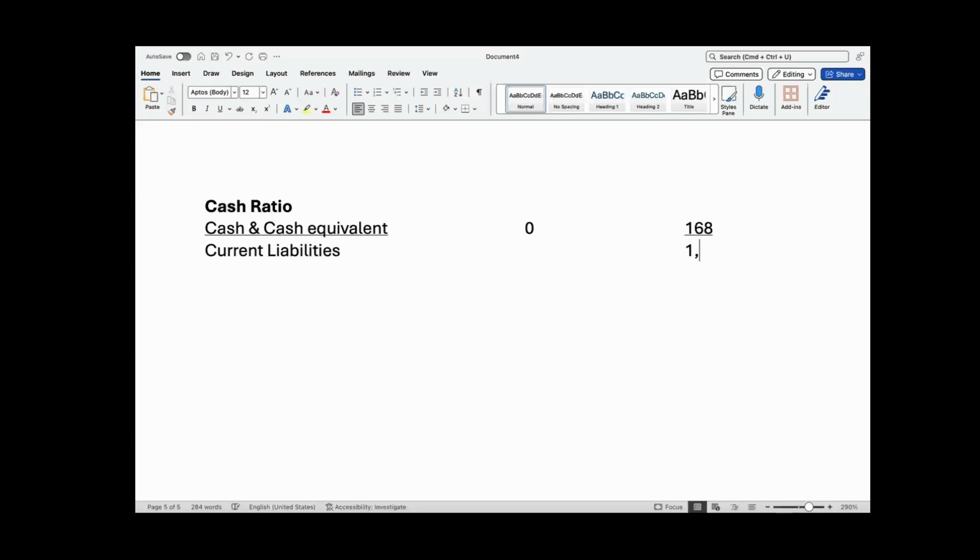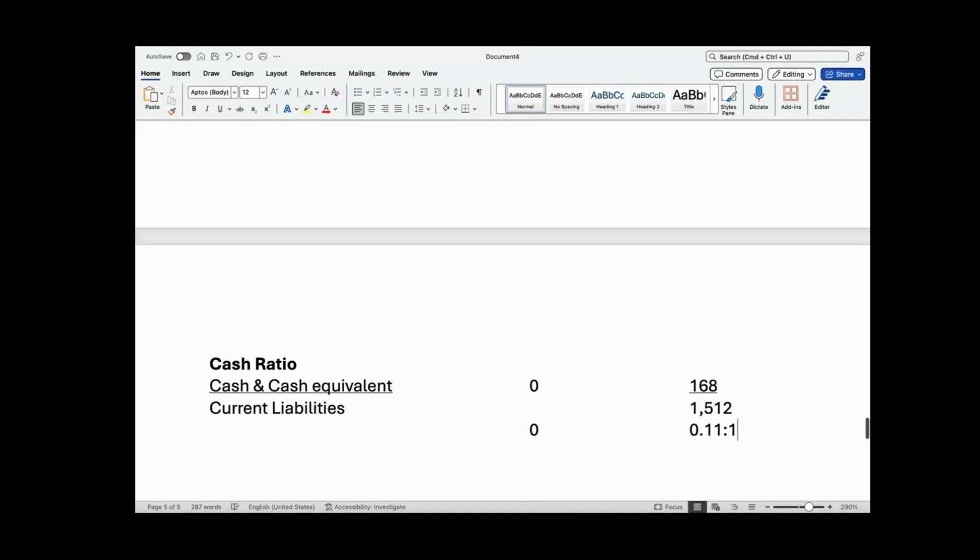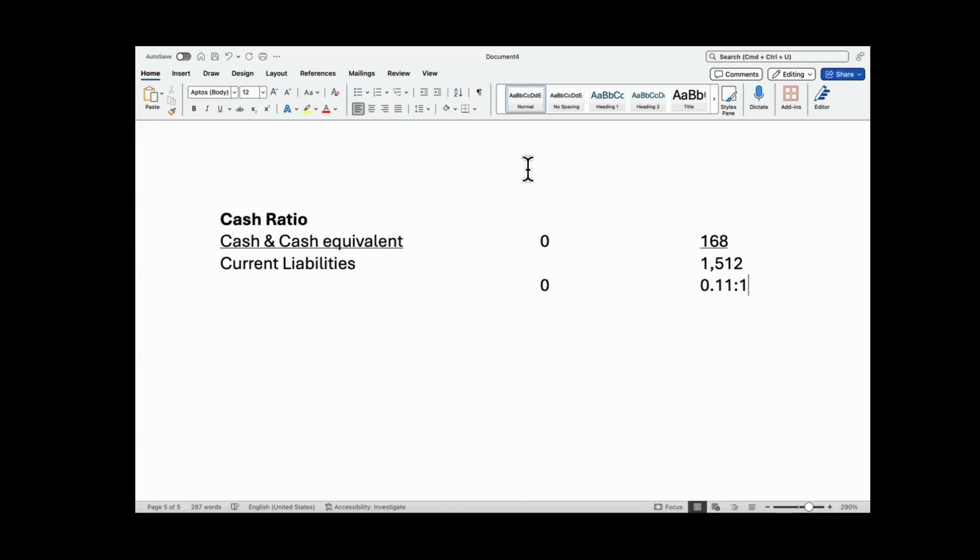This is how much? 168 by 151, that's 0.11.